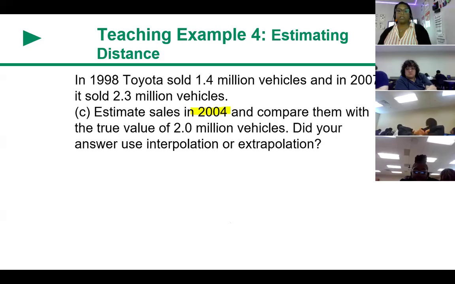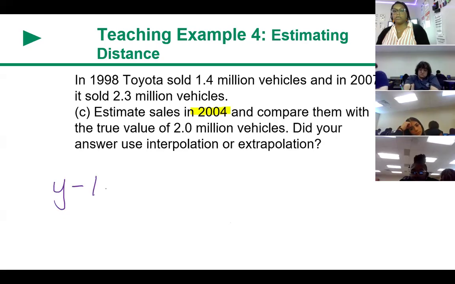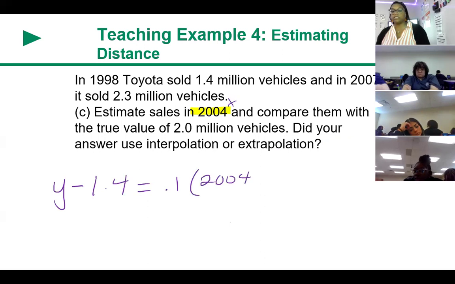So we had y minus 1.4 equals our slope 0.1, and now we're plugging in our x value, which is 2004 minus 1998.